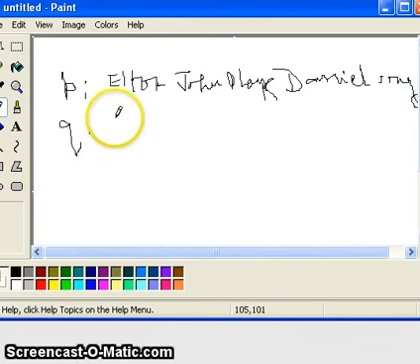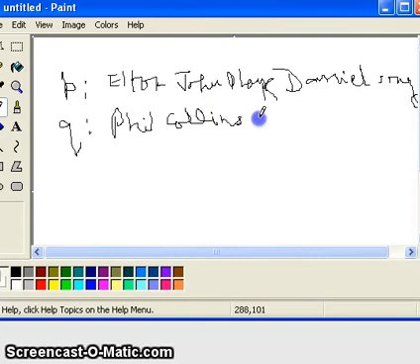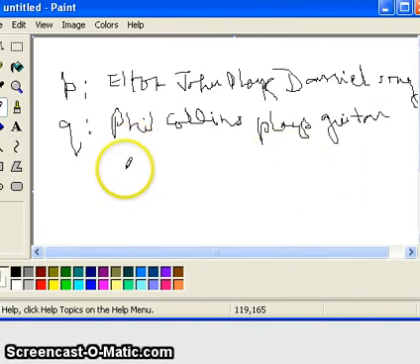Another argument I have is Phil Collins plays guitar. So you have a premise first, premise 1, P1.